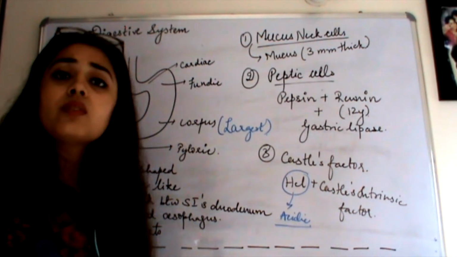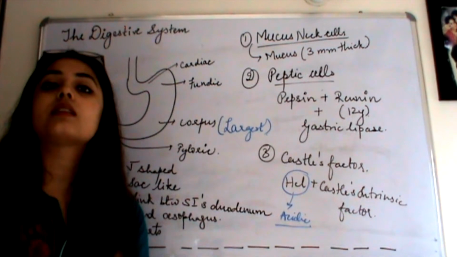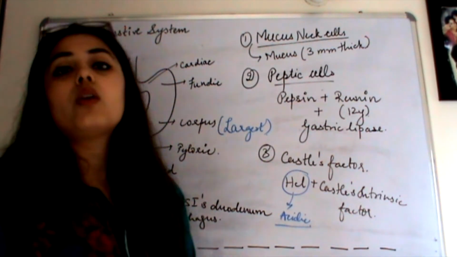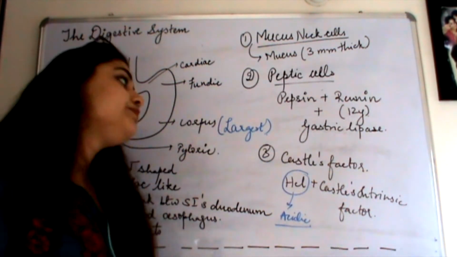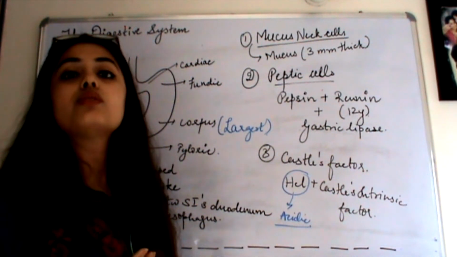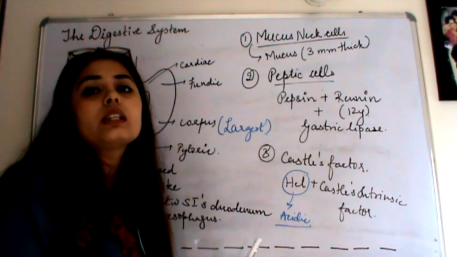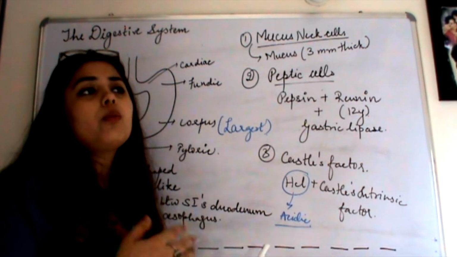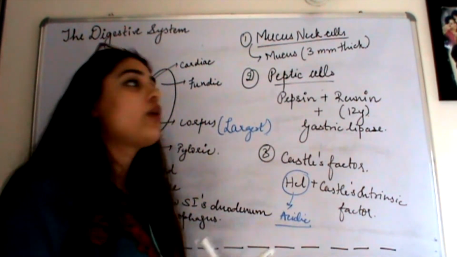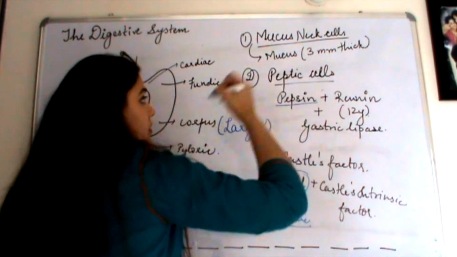To kill all the microorganisms, any kind of germs, bacteria, viruses which are entering the body along with the food, right? So HCl function is creation of an acidic environment in order to purify food, or in order to kill the germs, kill the viruses, whatever is coming as a foreign material inside our body. So what happens is it also activates pepsin, right?